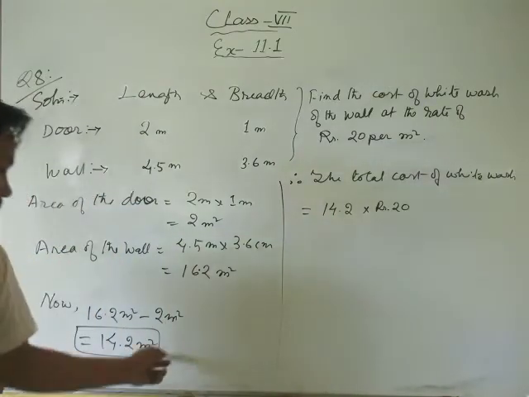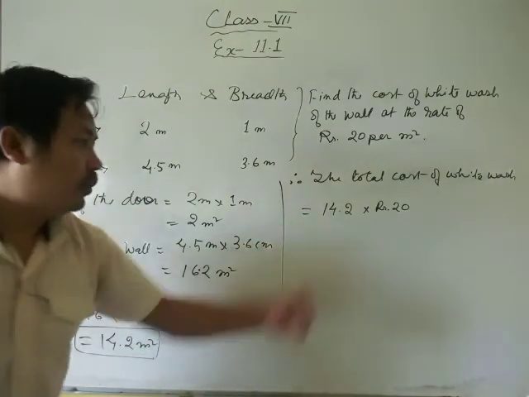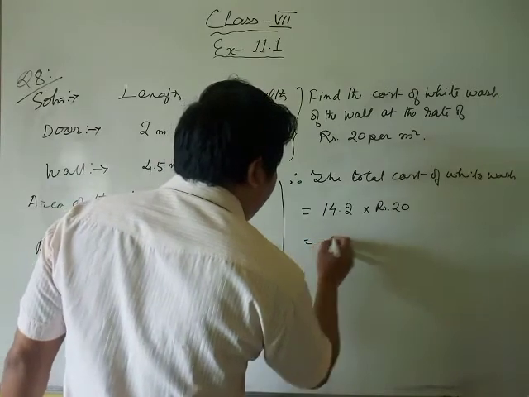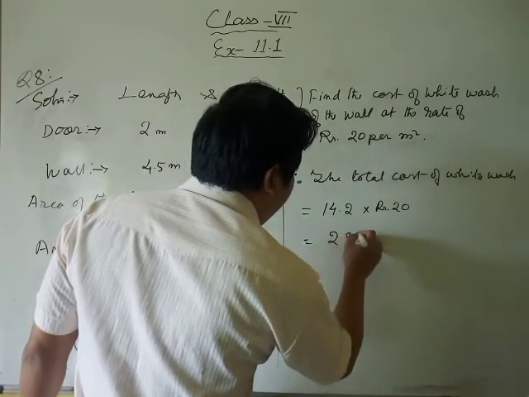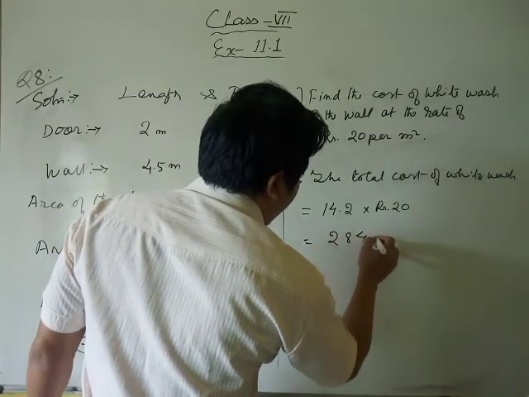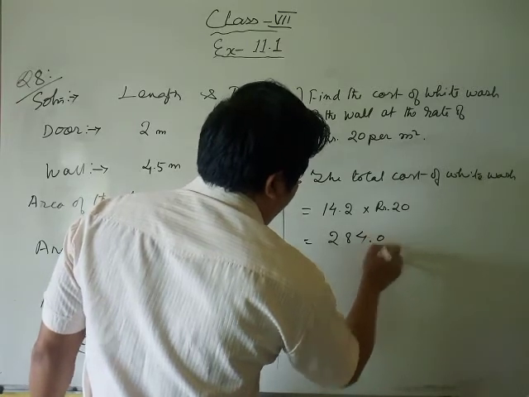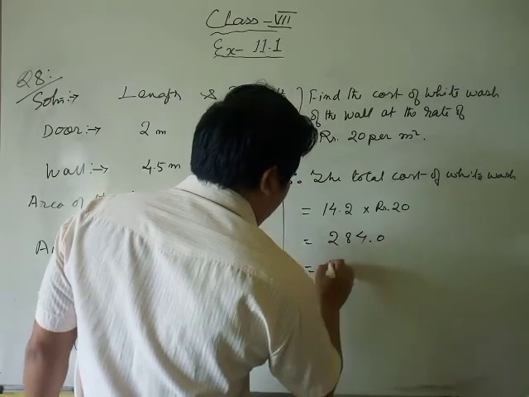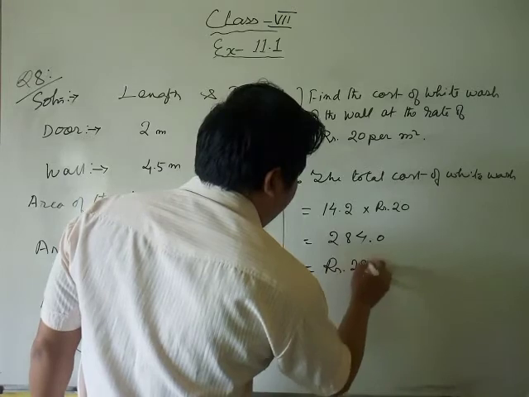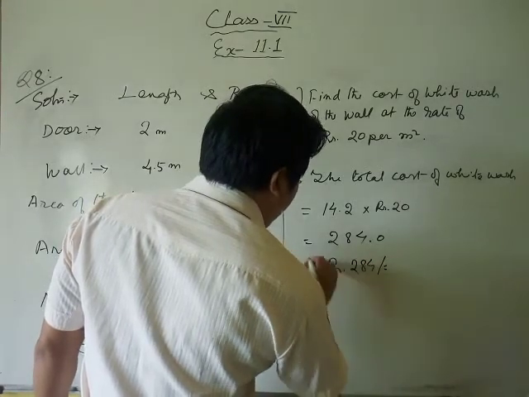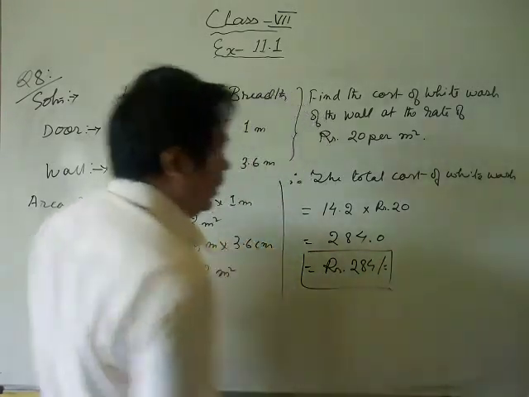No need of meter square again. Take this value 14.2 and multiply. So here we are getting 284.0. So this is rupees 284, the total cost of the whitewash.